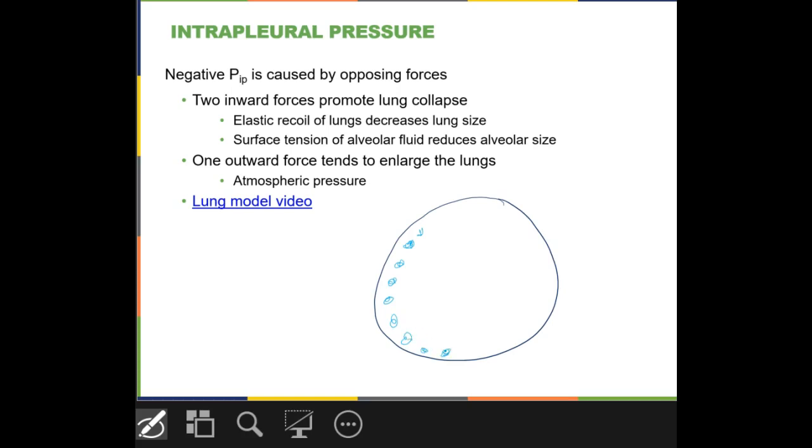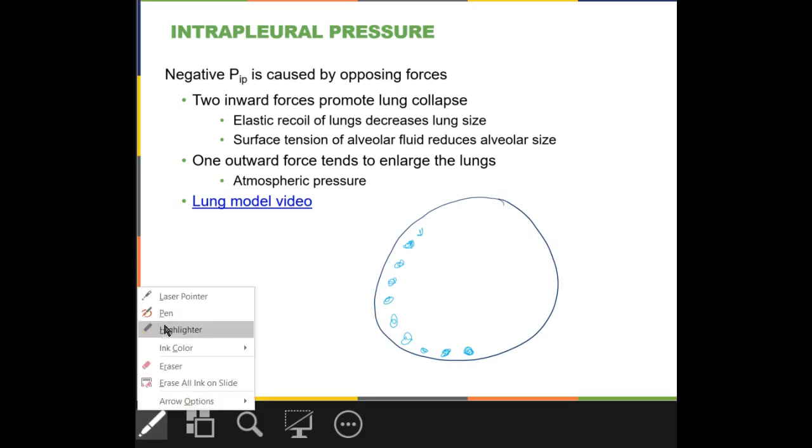Water, you may have learned in Anatomy and Physiology 1, but probably not, has surface tension. This is because water molecules are always attracted to each other, right? That is a result of the fact that they are very good at hydrogen bonding. And water molecules want to hydrogen bond with each other.